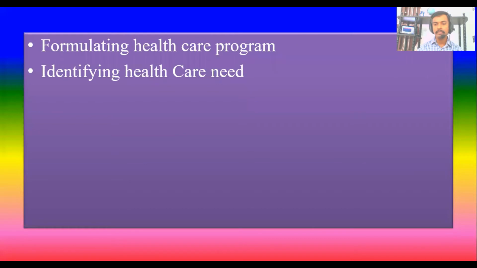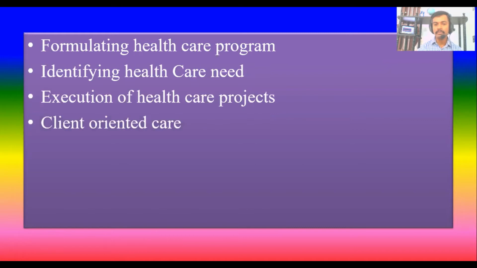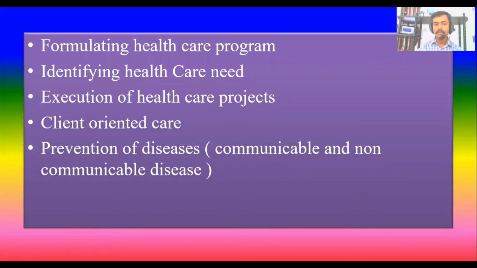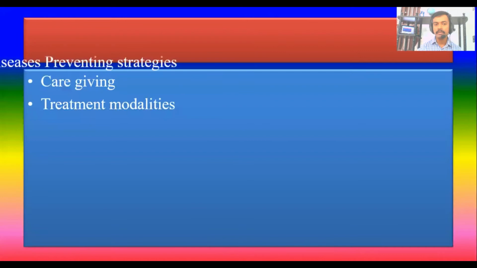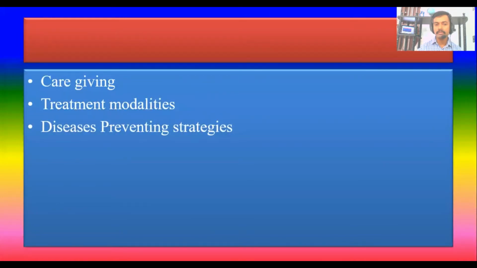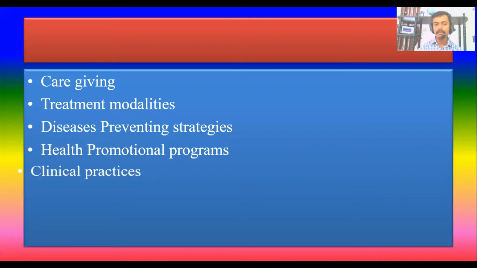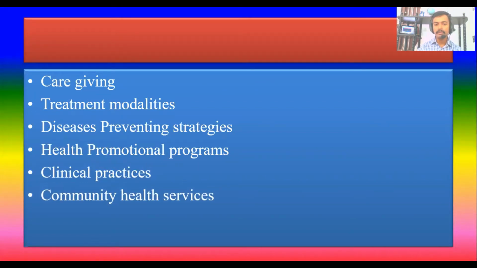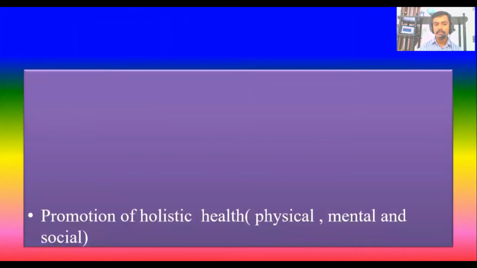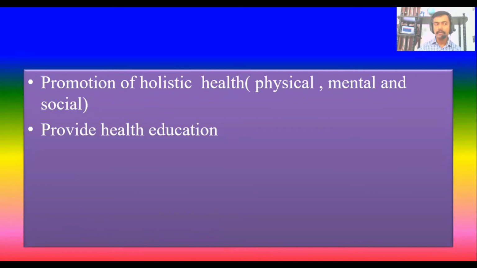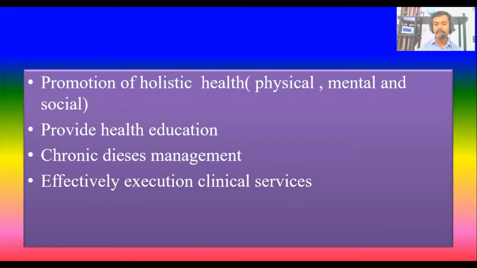Then, the influence of health practice on social stratification. First, influence: formulate healthcare programs, identify healthcare needs, execute healthcare projects, client-oriented care, prevention of diseases, caregiving, treatment modalities, disease prevention strategies, health promotion programs, clinical practices, community health services, promotion of holistic health, health education, chronic disease management, effective execution of clinical services, guidance and counseling.